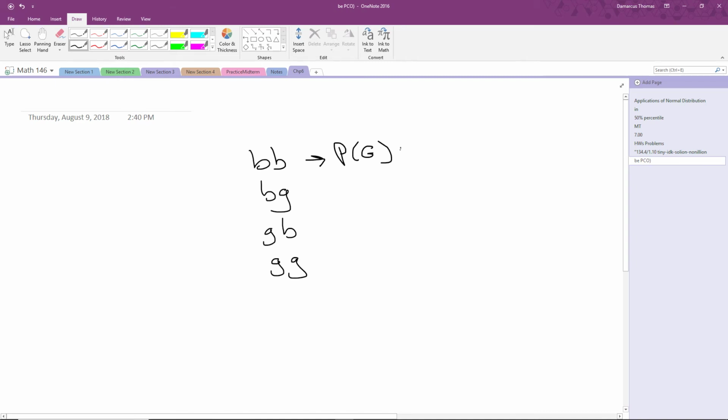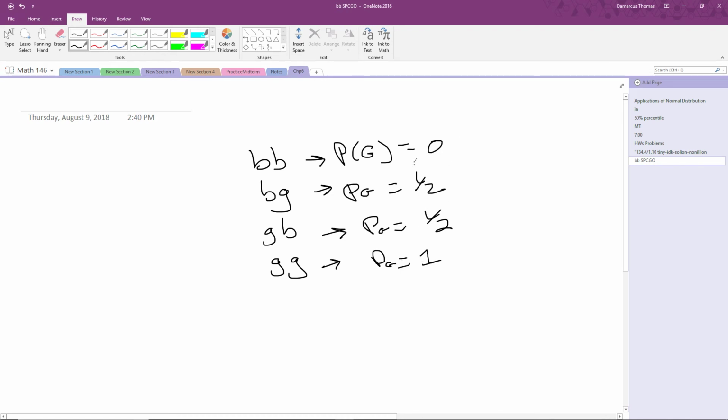I just put this in here. It's 0. It's a half. Proportion of girls, a half again. And what's the proportion of girls? Well, there's 2 out of 2, so the proportion of girls is going to be 1.